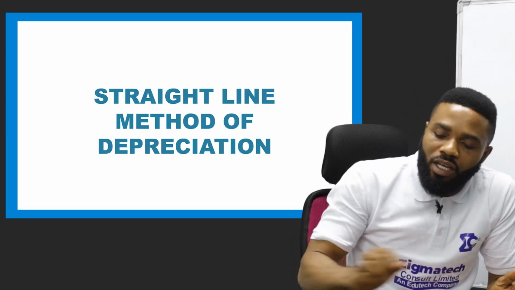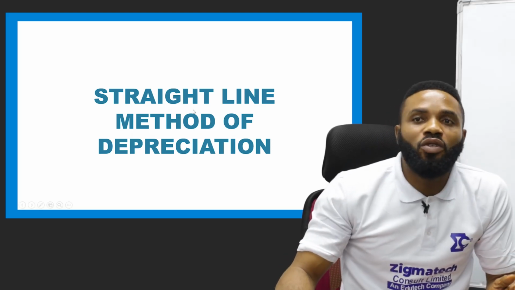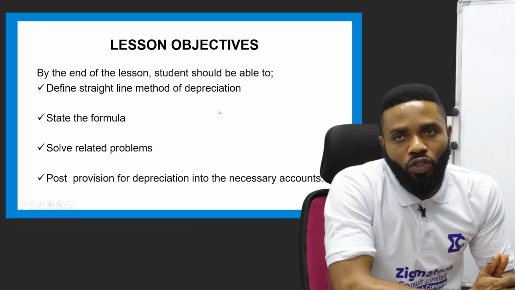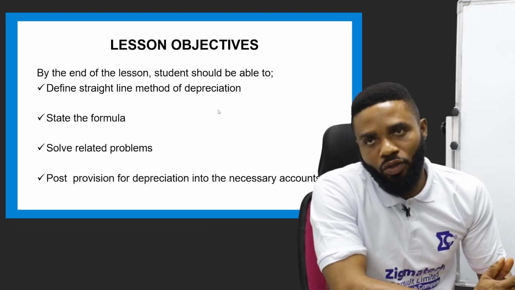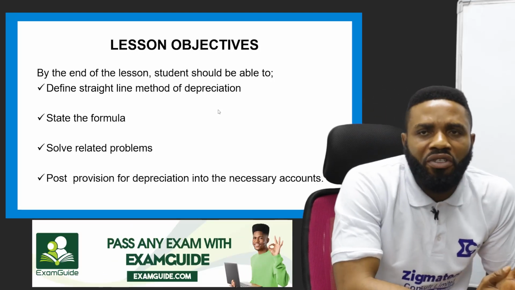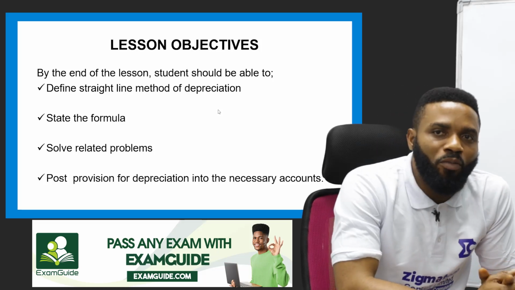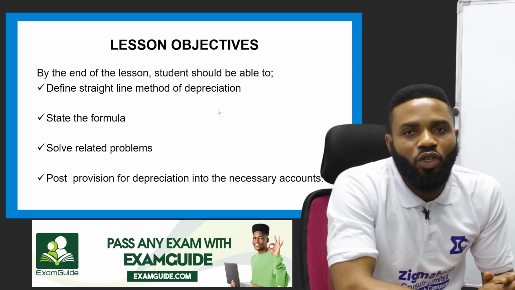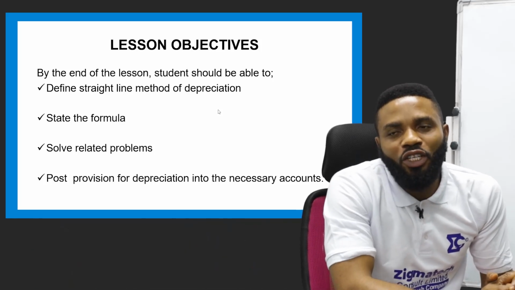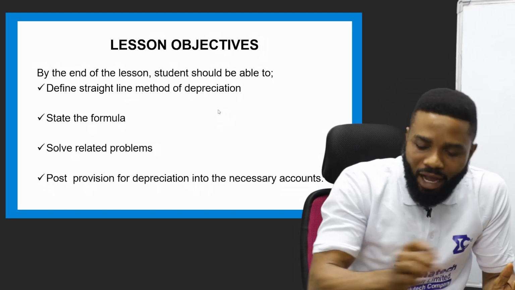Our focus is just to ensure that students will not find it difficult to solve related questions on this particular method. The lesson objective is simply to define the straight line method of depreciation, state the formula, solve related questions, and post provision for depreciation into the necessary account.